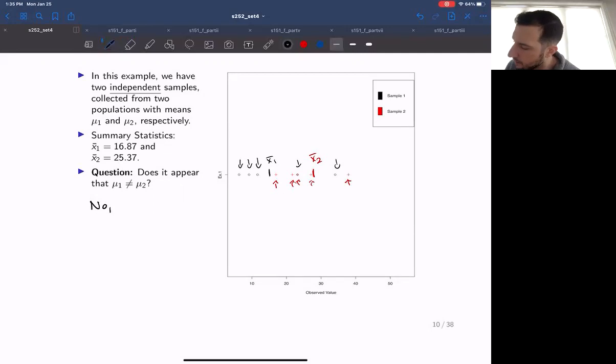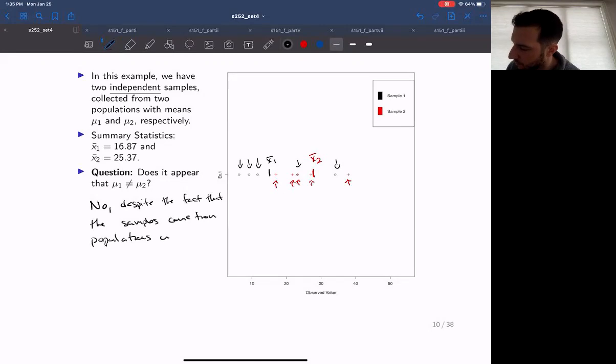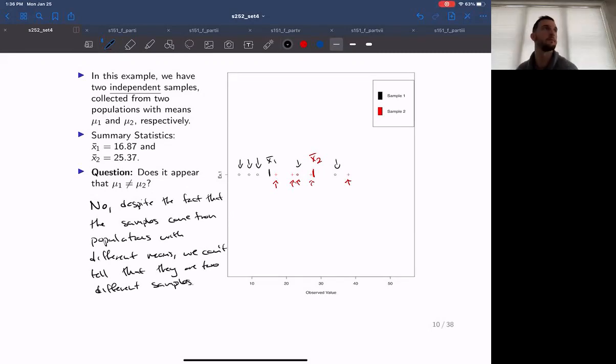So even though the samples come from populations with different means, we can't tell that they are two different samples.